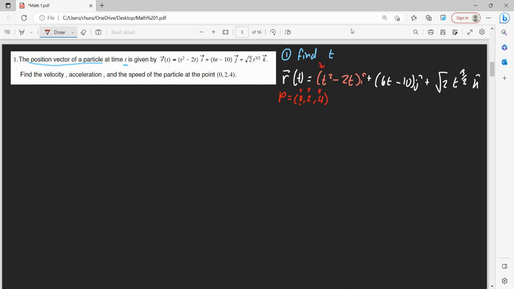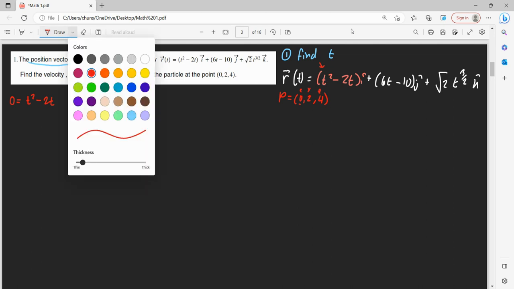If we do this term right here, we want it to equal 0, each respective component of that point. So 0 equals t squared minus 2t, from our position vector.